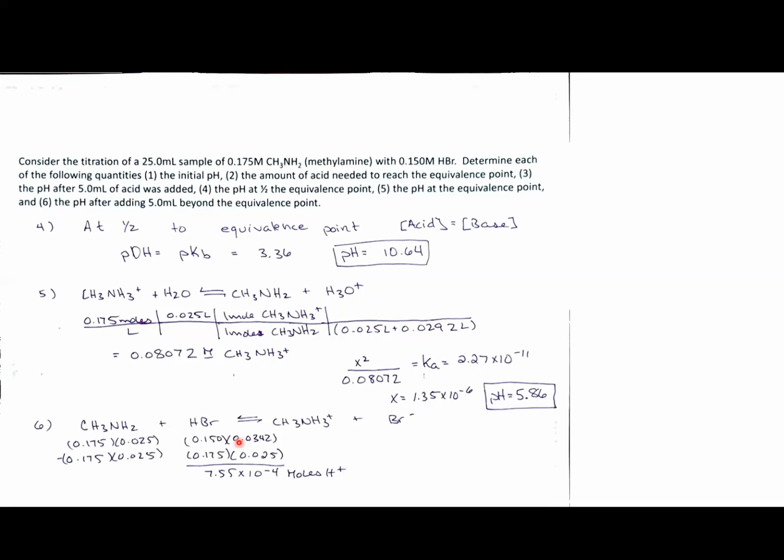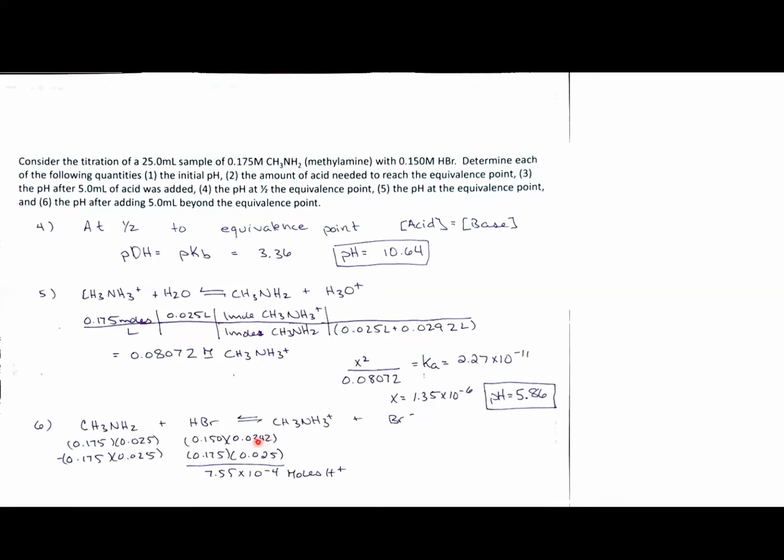This is how much of the base I've added. So 0.015 is the concentration, and then 34.2 milliliters. That's because it took me 29.2 milliliters to get to my equivalence point. We calculated that for number 2. 5 mL beyond that is 34, so 34.2.